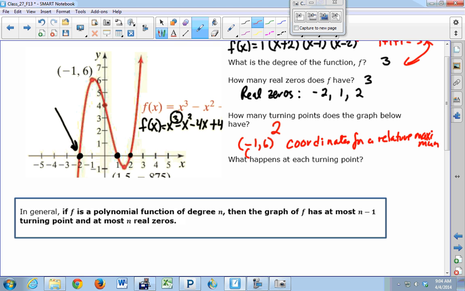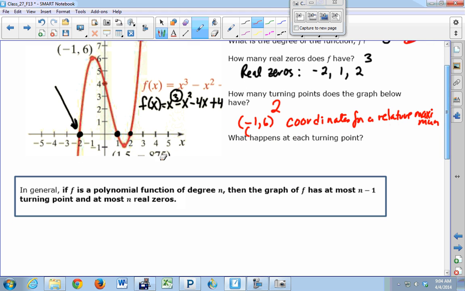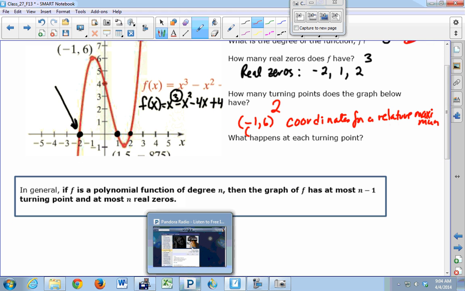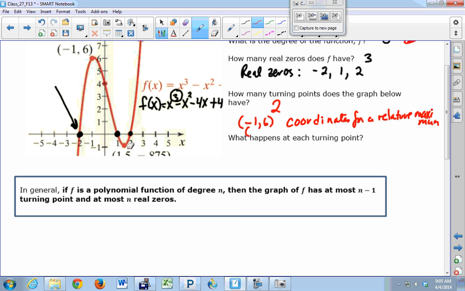And the other turning point, if we estimated it, you can probably see it on your paper. I can't see it here. What is it on your paper? The other turning point, which is right here. You have the coordinates, right? 1.5, comma. And that's the coordinates for a relative minimum.